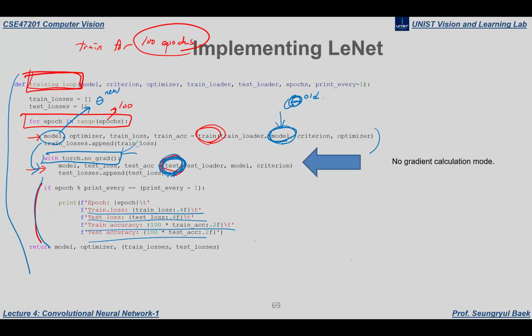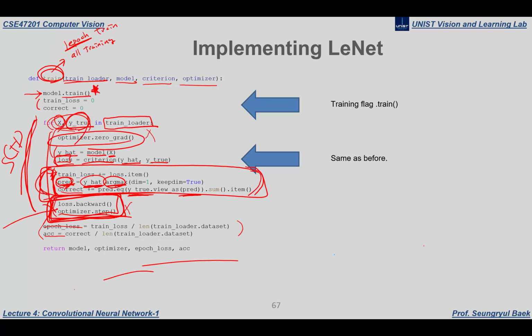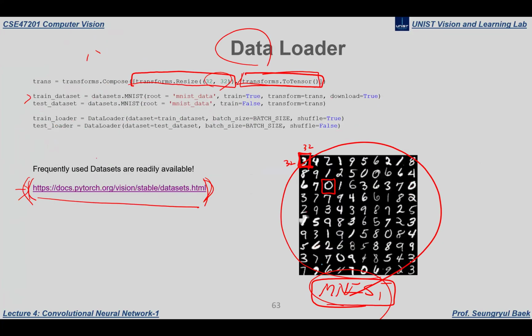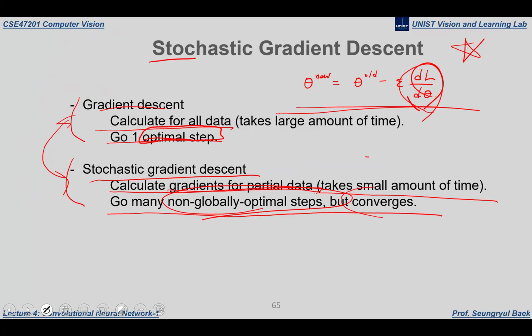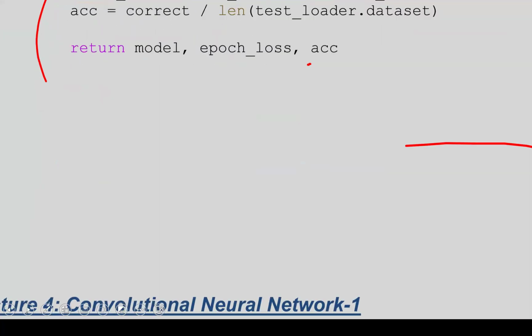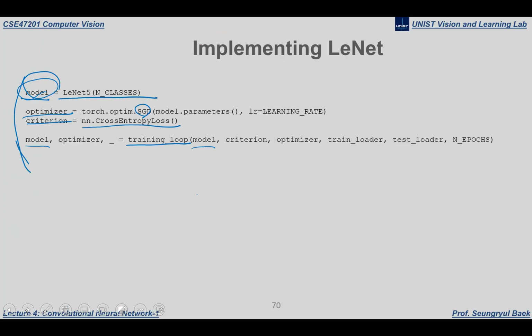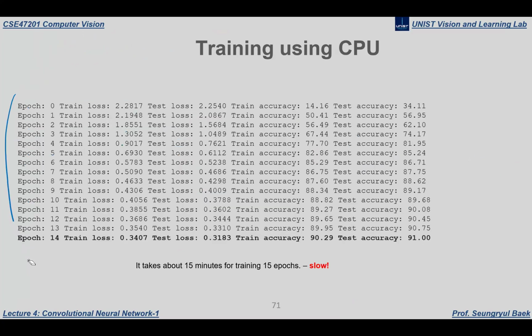Using this type of code from here to here, we can train the CNN network. And this is the output.